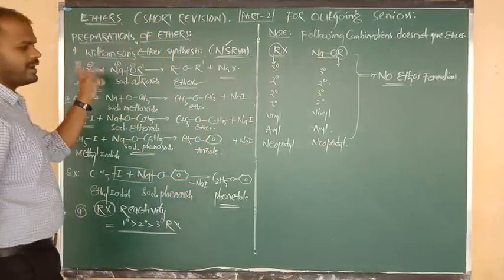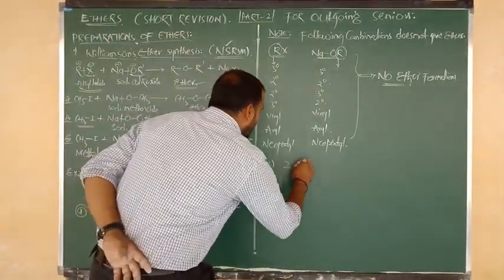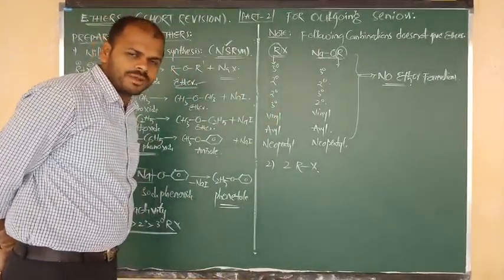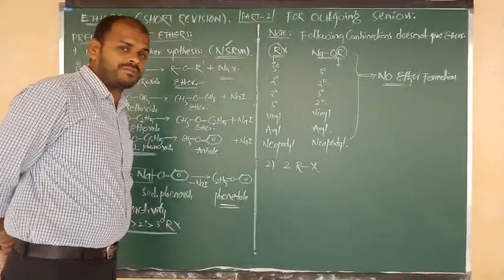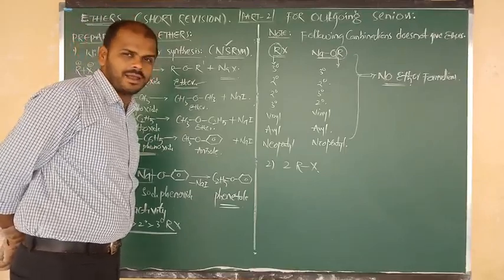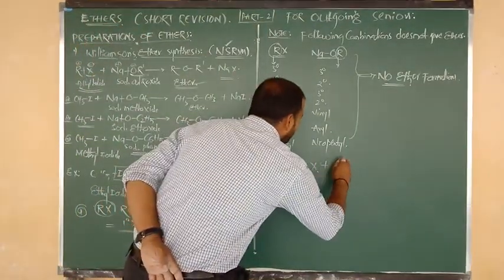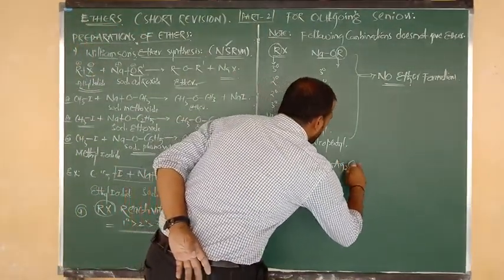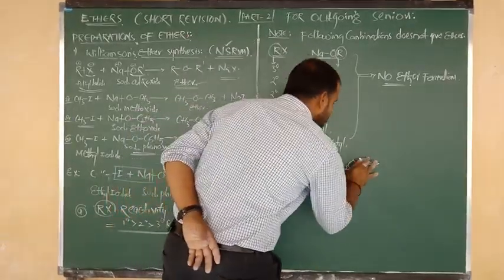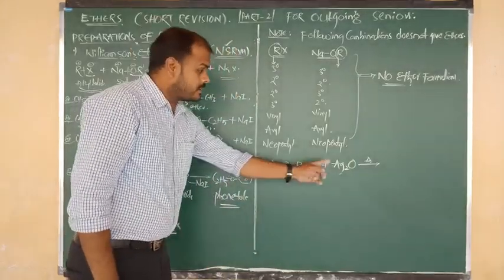Again from alkyl halides. Preparation method number 2 is from alkyl halide. What is the formula of alkyl halide? RX. But I am considering 2 moles of RX because in ether 2 R groups are there, so we require 2 moles of alkyl halide. 2 moles of alkyl halides on reaction with Ag2O, that means silver oxide.